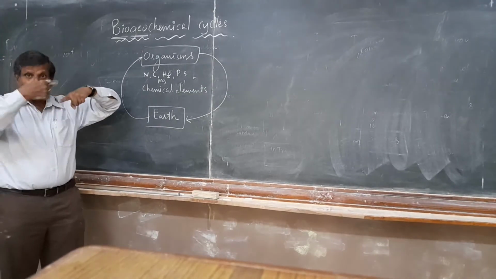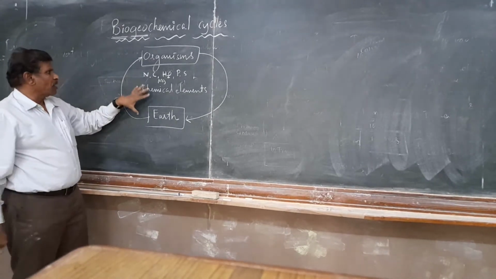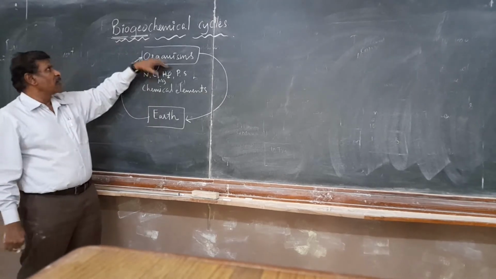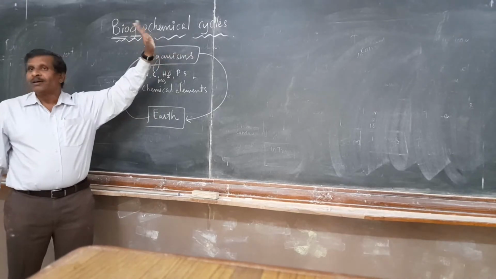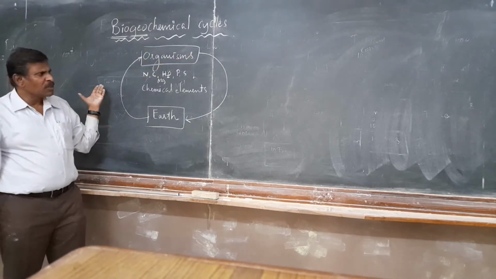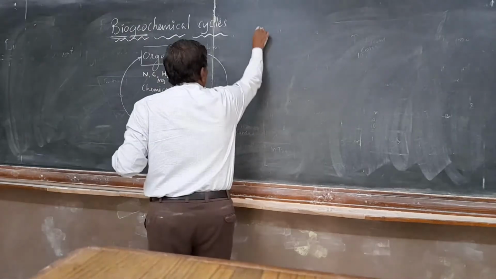The cycling movement of chemical elements between earth and organisms constitutes biogeochemical cycles. Write down the definition.